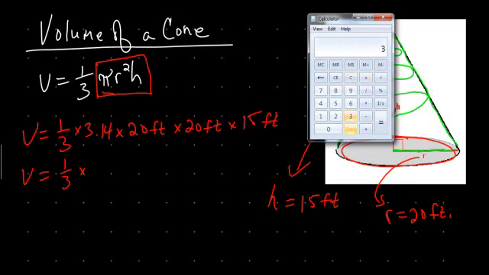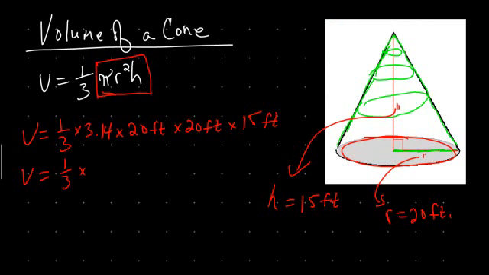So let's do 3.14 times 20 times 20 times 15. We got 18,840, and we have feet times feet times feet, cubic feet. So we got 1/3 times 18,840 cubic feet.